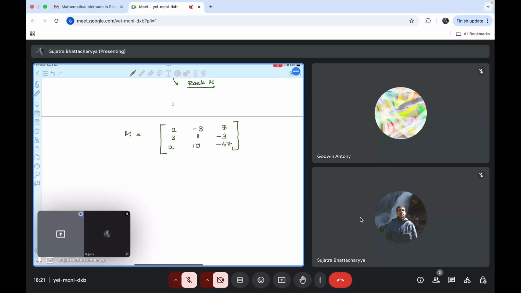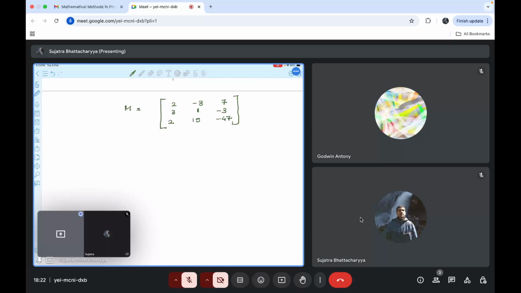What I will do is write the steps I have followed; the calculation of those steps you can do later, or otherwise try on your own. This is what I have done in order to reduce. The first step is R1 as R1 by 2.